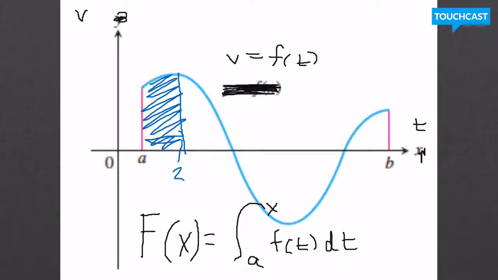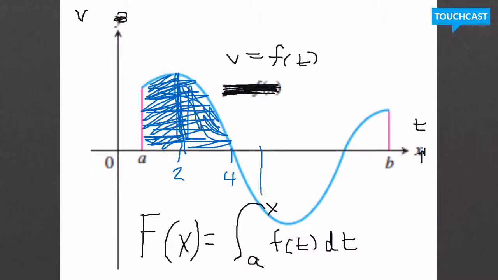Later, if I wanted to find out how far the particle traveled between time a and time 4, I would find the area under the curve between a and 4. Later, I might want to know how far the particle traveled between time a and time 6 or 8 or 10.